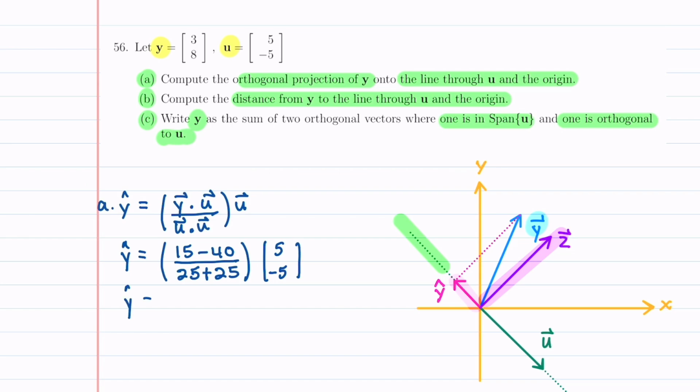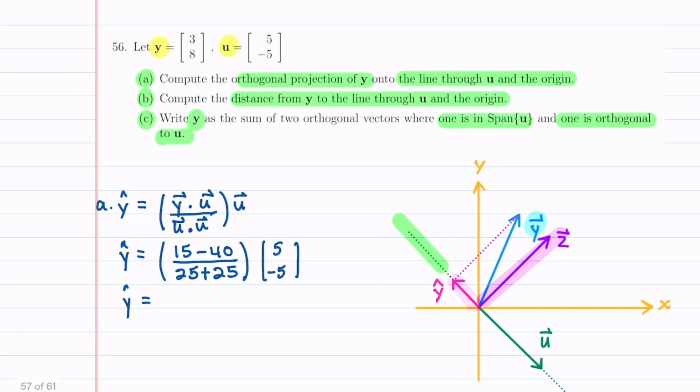Our y hat is 15 minus 40 is minus 25, and then 25 plus 25 is 50. So that's nice. That's just minus a half. And we have a 5 and a minus 5. We can write our y hat as minus 5 halves and 5 halves.